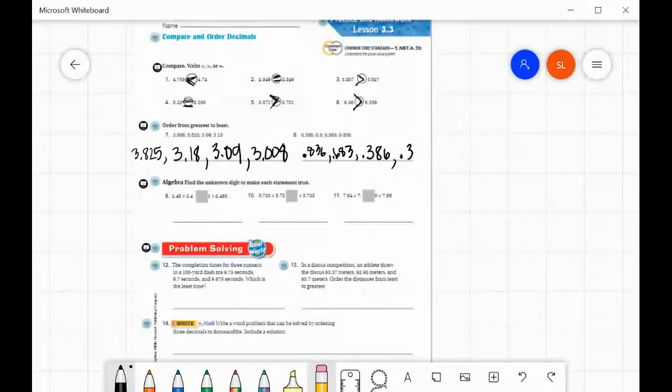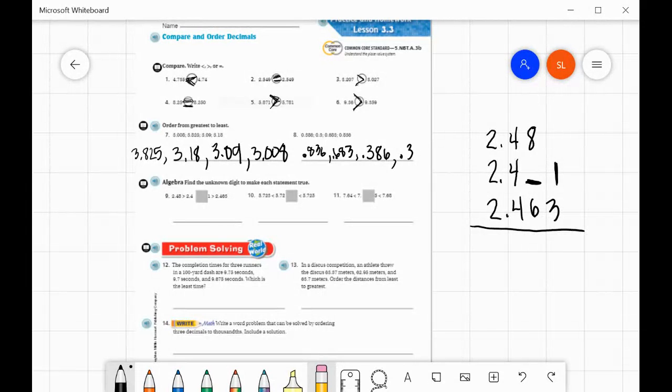So we have 2.48, we have 2.4 blank 1, and then we have 2.463.